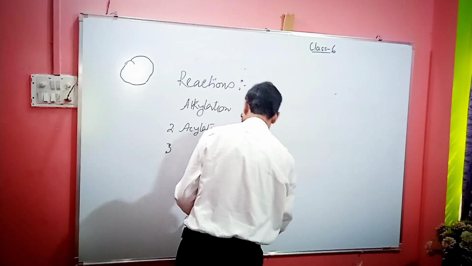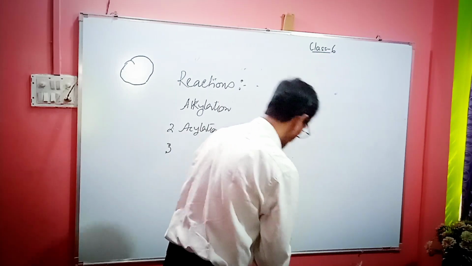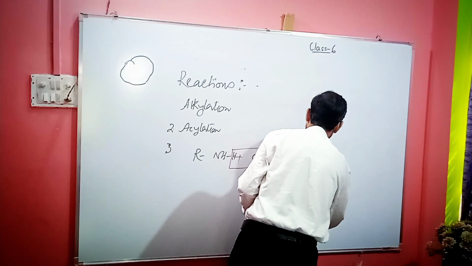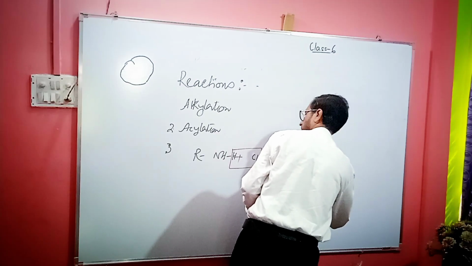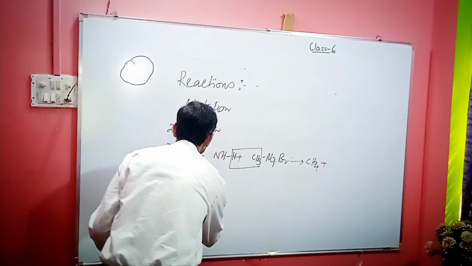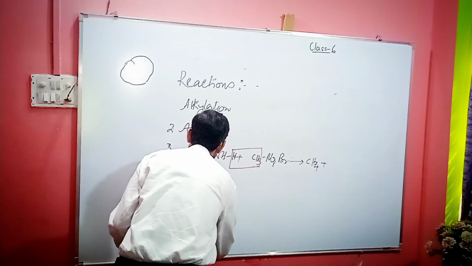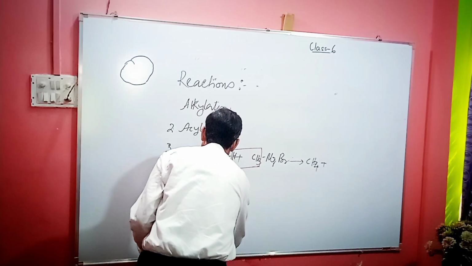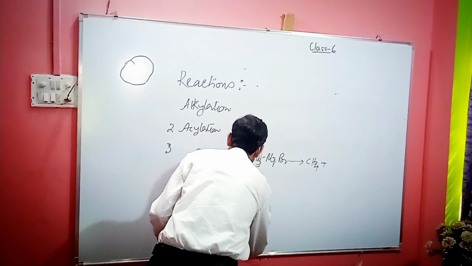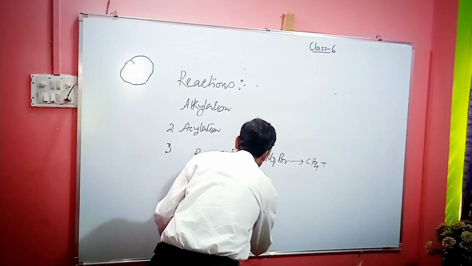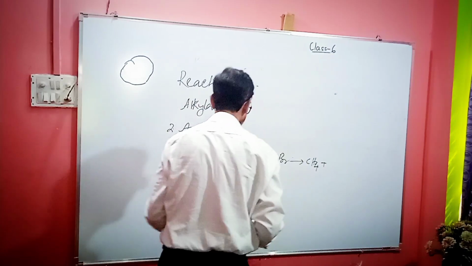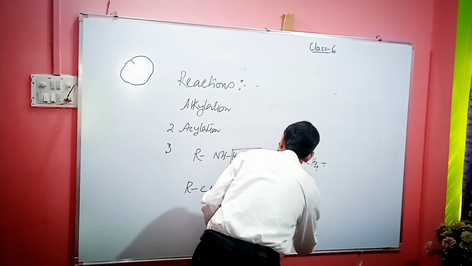Alkene, and again nitrile, a compound containing Cl, reacts with Grignard reagent.